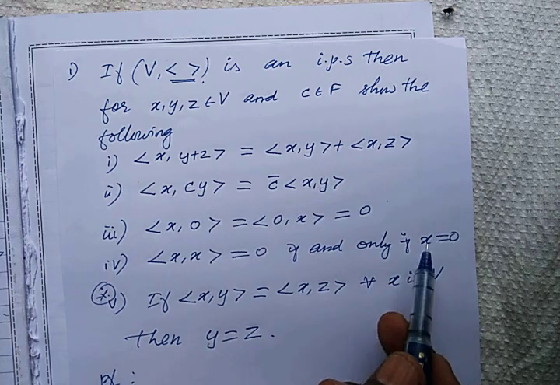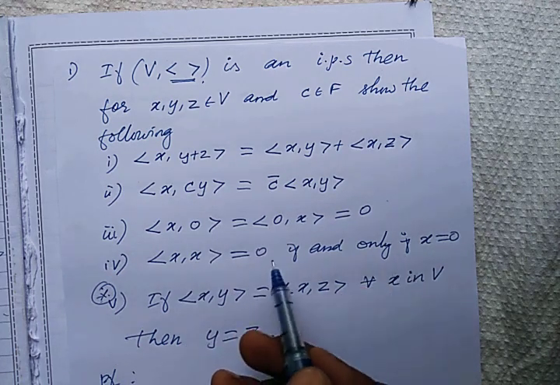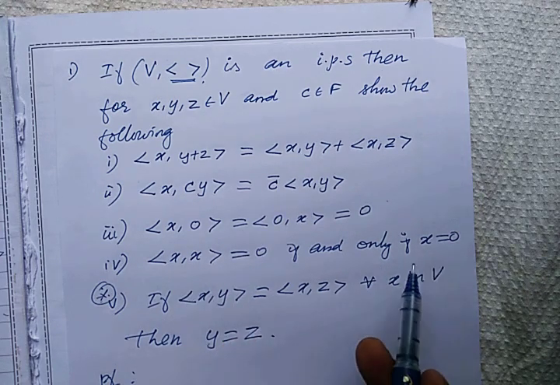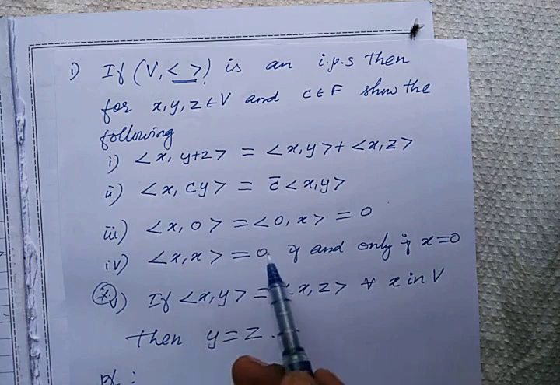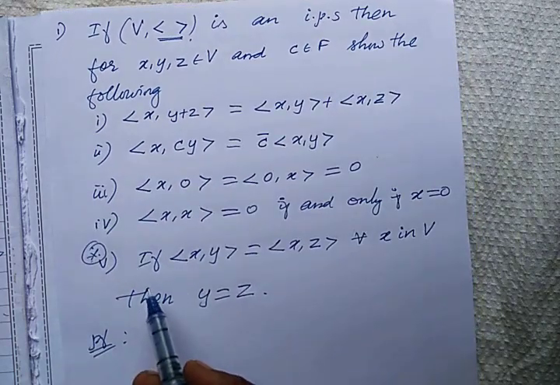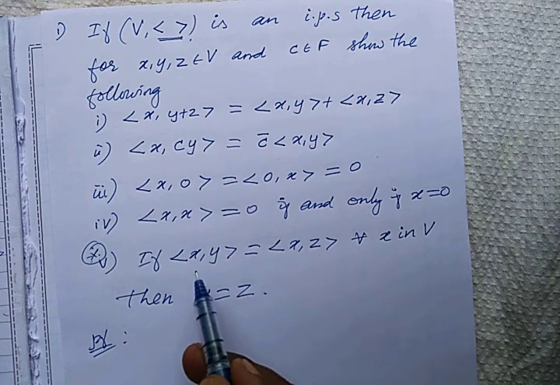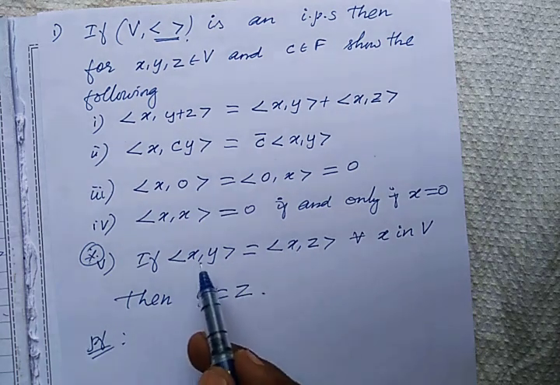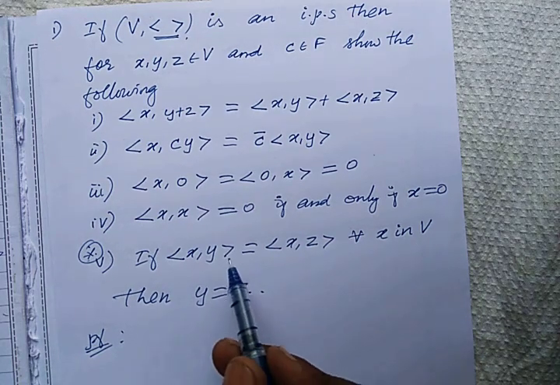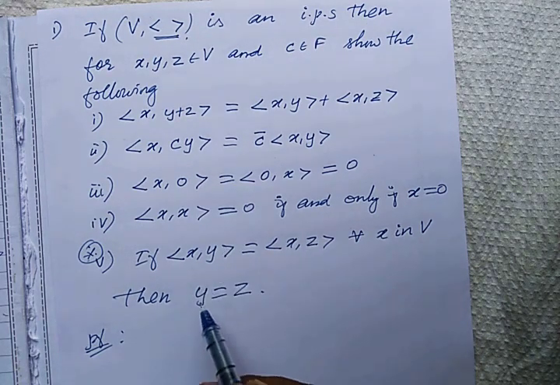If x is 0, then the inner product must be 0. That is the meaning of if and only if. And one more thing: if these two are equal for every x in the vector space V, then y and z must be the same.